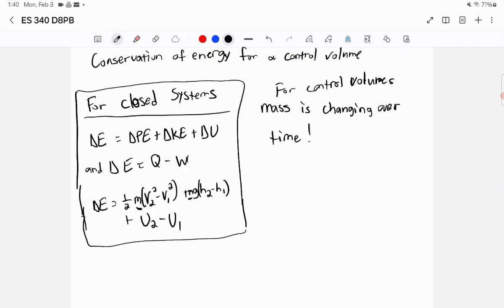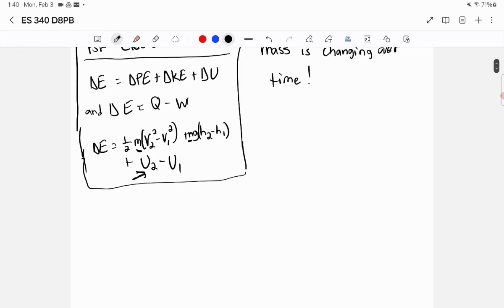I wrote this in terms of capital M, but we're going to see in a moment that U2, for instance, would be equal to M times lowercase u2, the specific internal energy. So the fact that mass is changing also is going to affect even the internal energy of the system.